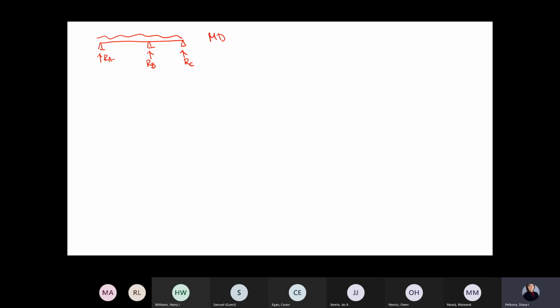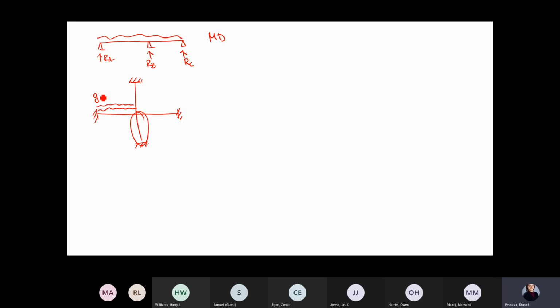And then you also need to determine the moments in your column. So for example, if we are doing the column between level 1 and 2, we'll have something like this as a subframe. This is the column that we are after. We'll place the permanent and variable load in the larger span.